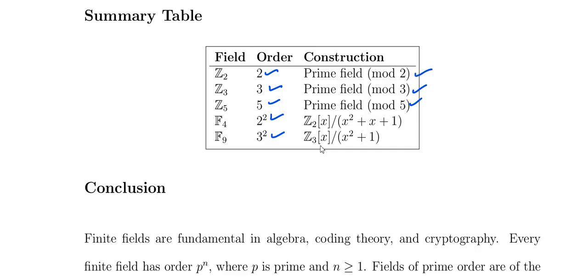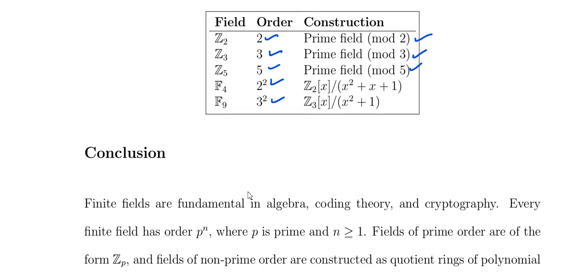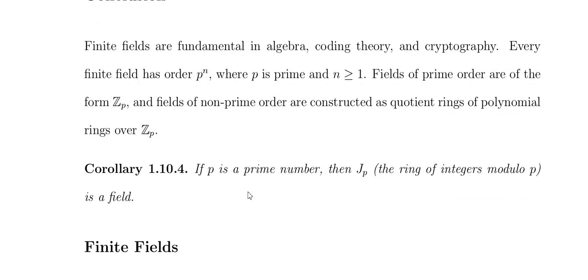So the finite field is fundamental in algebra, and in coding theory, cryptography, like this. Every finite field has order p power n, where p is a prime, n greater than or equal to 1.